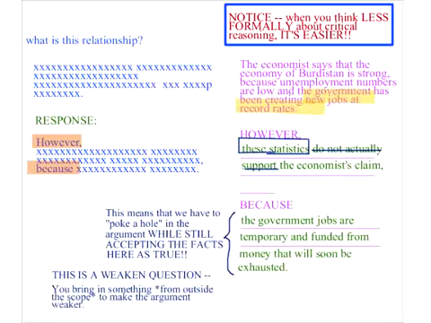The difference with the blank is just that you have to figure out what the conclusion is that you are actually trying to weaken. Usually, it's like, these statistics do not actually support the economist's claim. So what they're saying here is that the economist's claim is what we are trying to weaken. We'll go back to the original problem with this analysis in a second.